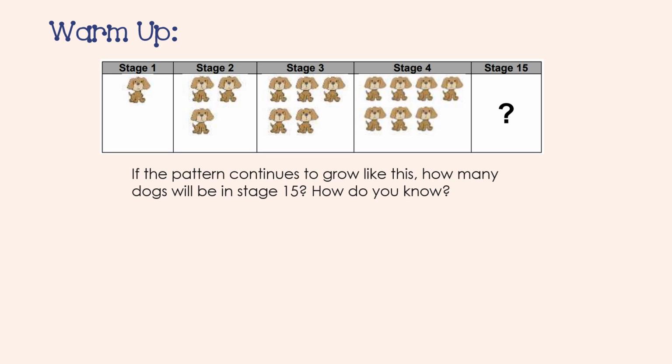So in order to figure out this problem, you need to figure out what the pattern is between each stage and continue the pattern until you get to stage 15. So for stage 1, we have 1 dog.